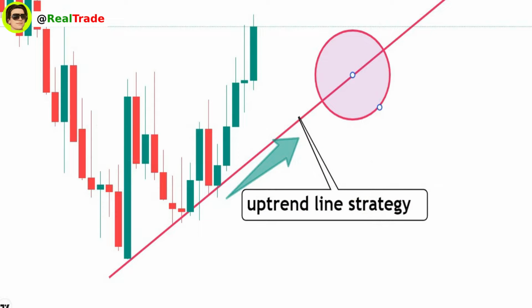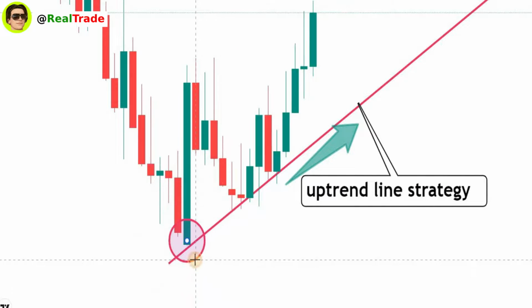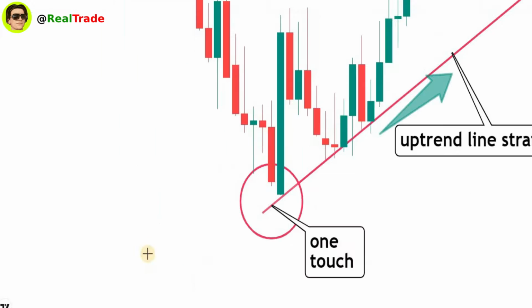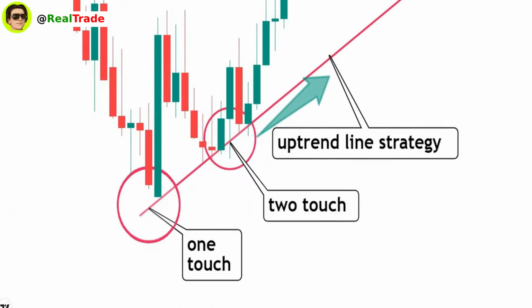After two touch, three touch, I open position. One touch, yes, one touch, two touch, uptrend line strategy is active because there are two touches.